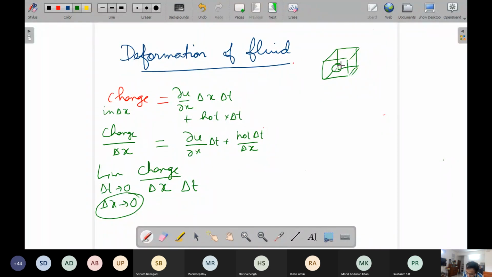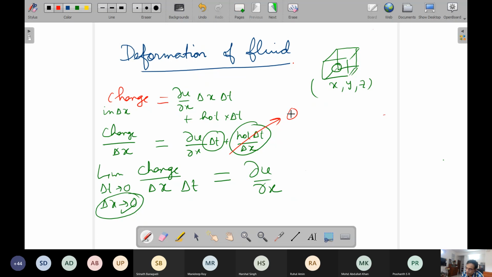So when we do that, first you divide by this delta t, so this will be valid at this point, x comma y comma z, because you have taken delta x tend to 0, and when you take delta x delta t all tending to 0, all the higher order terms will have some delta t or some delta x, and they will be tending to 0, or they will be negligible.